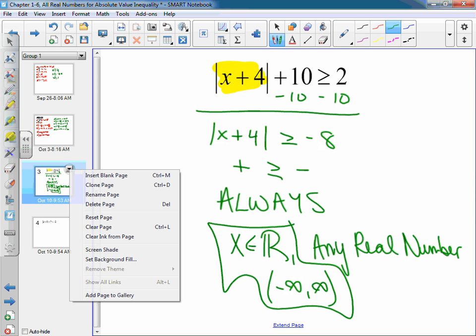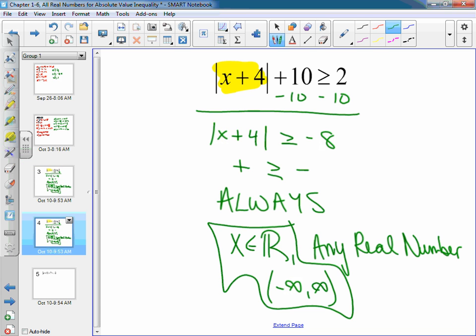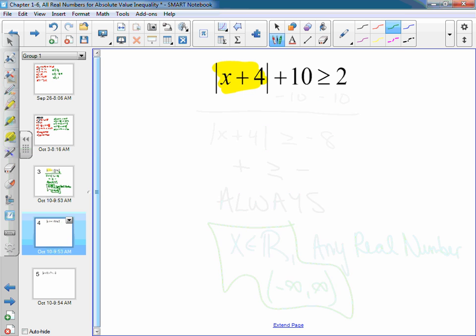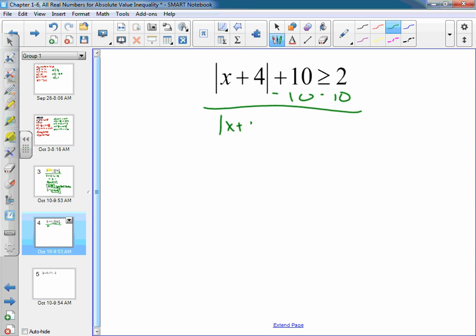Now let's say you 100% didn't think like that. So after we isolated this, I know that this is an or statement. Why is it an or statement? Because of this right here. So I have case 1, x plus 4 is greater than or equal to negative 8.